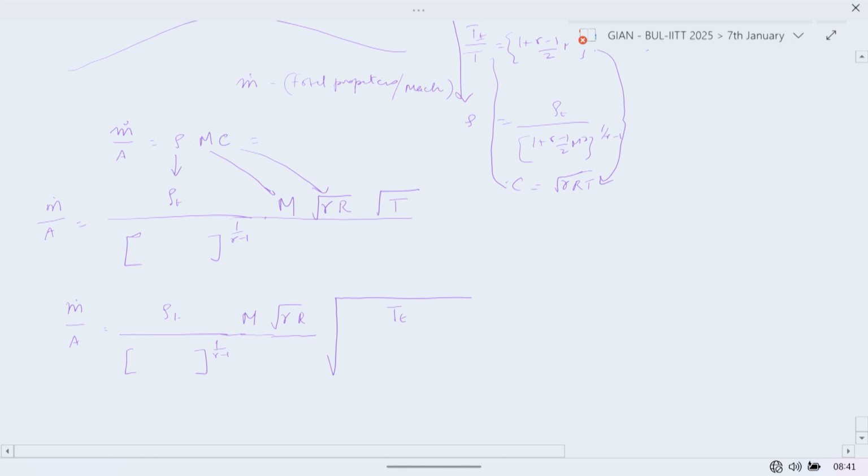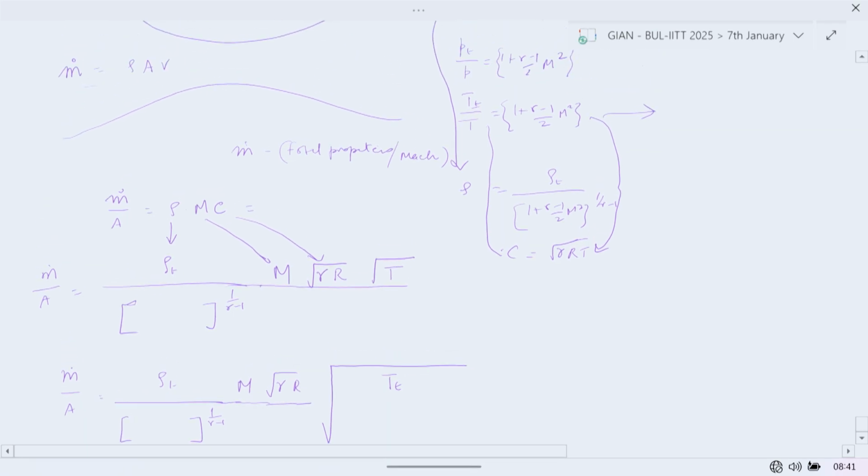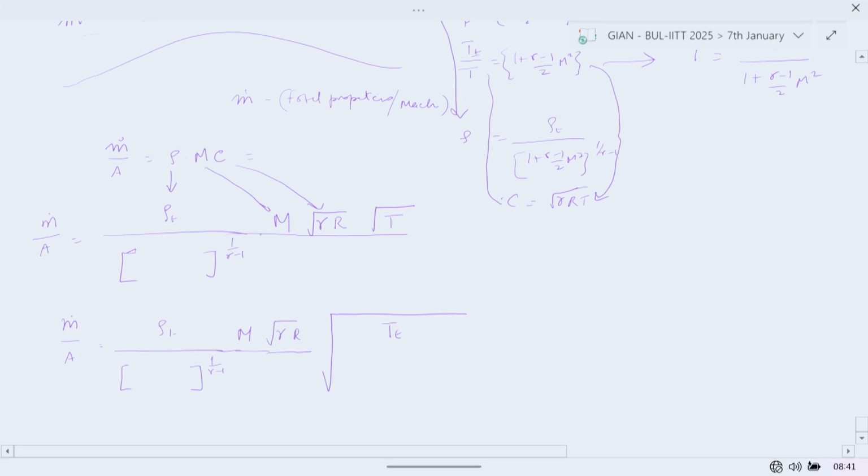T is equal to Tt by 1 plus (gamma minus 1) by 2 M squared. Is that clear? For the sake of convenience, let me put x for 1 plus (gamma minus 1) by 2 M squared, just to speed up the process here.